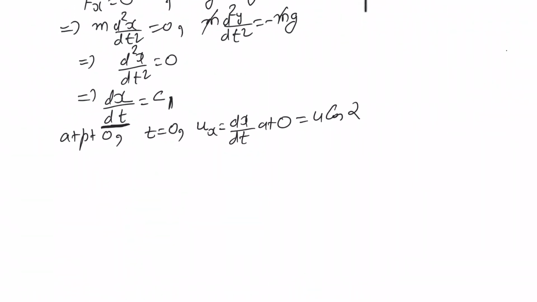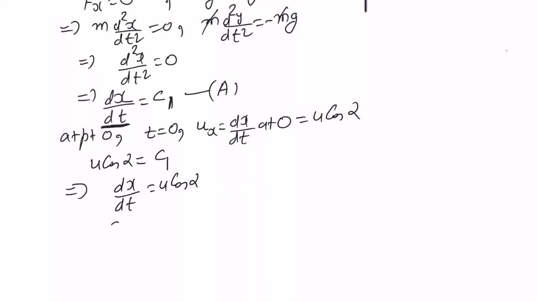Using this in equation A, we get u cos alpha is equal to c1. Thus dx/dt is equal to u cos alpha. Now integrating again, we will get x equals u cos alpha t plus c2, where c2 is an arbitrary constant.